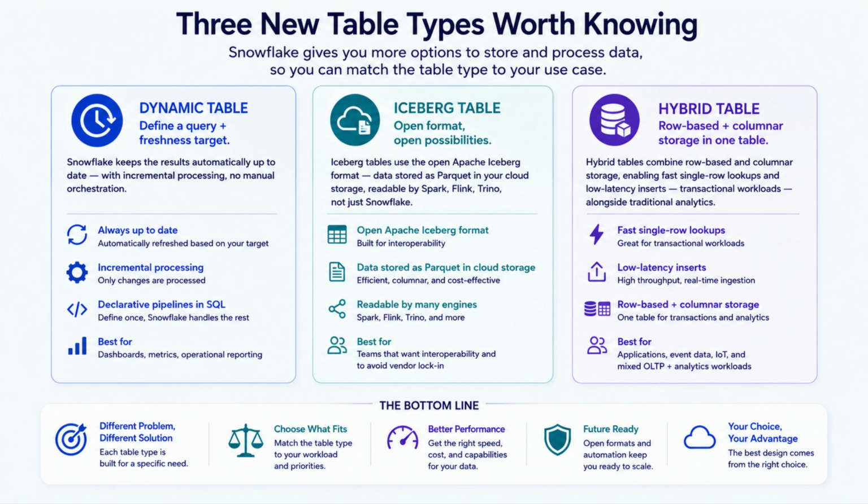Important for teams that want interoperability and want to avoid vendor lock-in. And hybrid tables combine row-based and columnar storage, enabling fast single-row lookups and low-latency inserts, transactional workloads, alongside traditional analytics. Each table type solves a different problem. The choice depends on your specific use case.